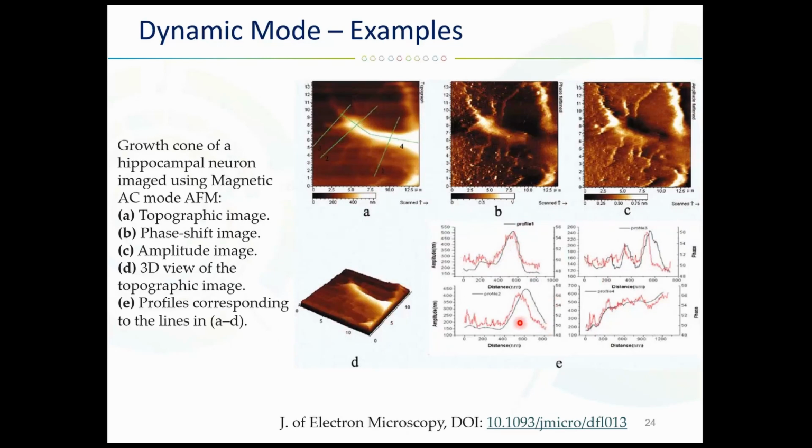Profile 3 shows us the filopodia. Filopodia are these short growing things here, and the height is ranging from 50 to 100 nanometers or so. The main idea of this slide is just to show you that even though the topographic image is not very clear, because again, we need to image it in physiological conditions, so the cell is moving, the liquid is moving, everything is moving, if we go for phase shift or amplitude images, then we can achieve much higher resolution.